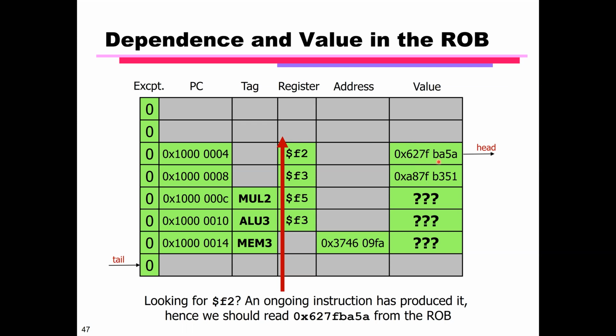If there is a value, this is the value that eventually will go into the register file, but I can bypass the register file, because I want to go as fast as possible, and use this value as an operand. So when I said before that we either read the register file or put the tag, that is not necessarily completely true. Maybe we find in the reorder buffer the value ready for us.